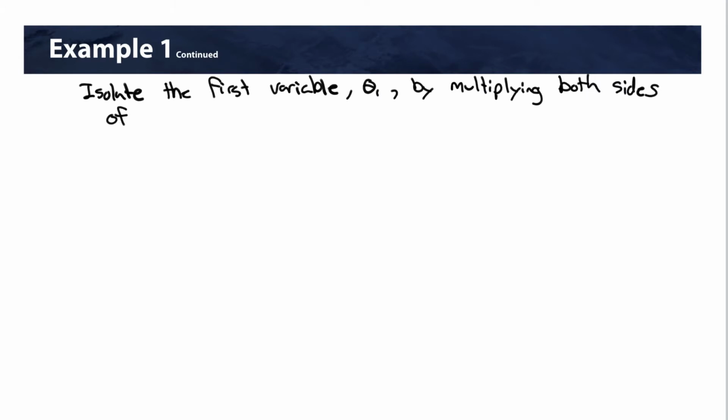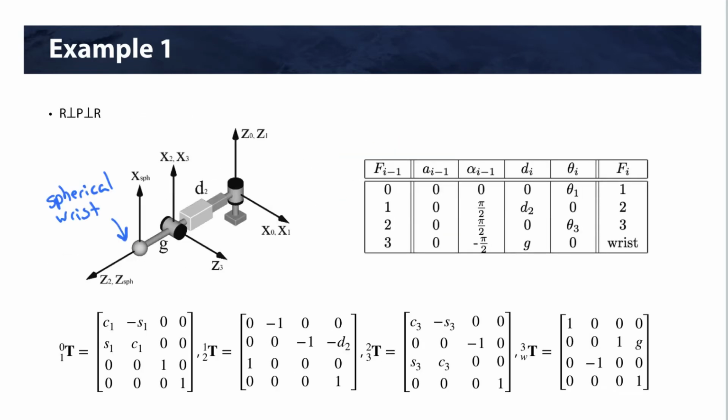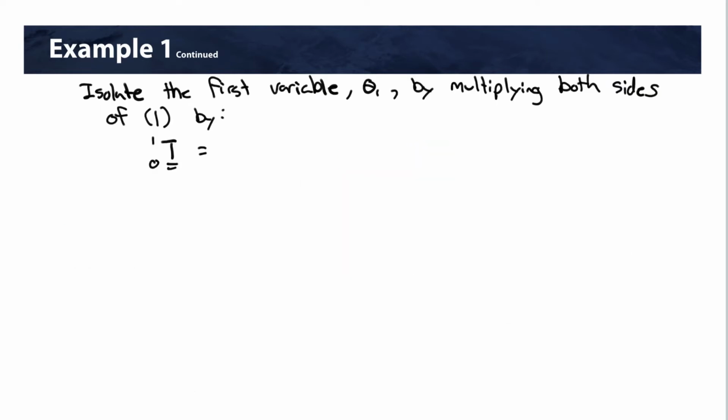We're going to multiply both sides of equation 1 by T10. We know T01, so we need to take the inverse of this to find T10. If you take the inverse of that matrix, you'll get the following.